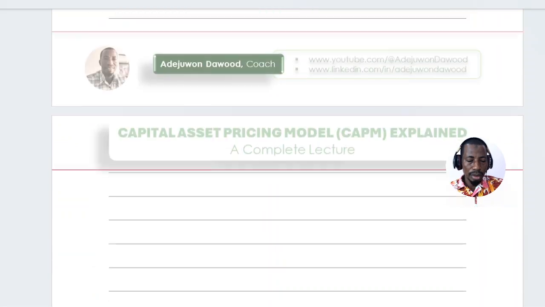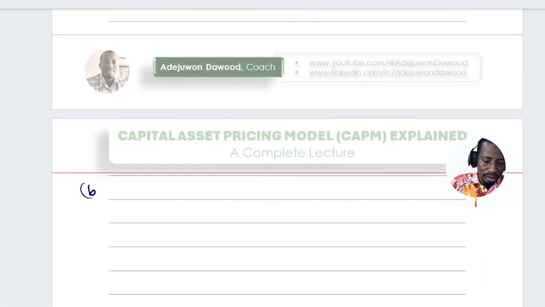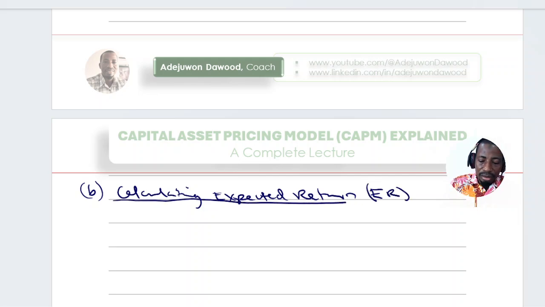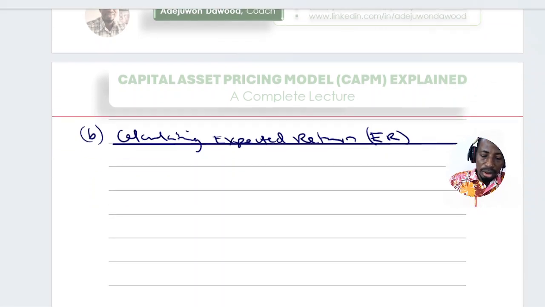So number B, requirements. So calculating alpha value. Before you can calculate alpha value, you need to determine the expected return, ER. How do I calculate? In most cases, this expected return is usually given, but in this situation, it wasn't directly given, but we have the information to do that.